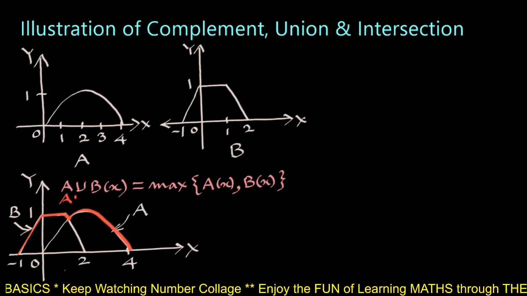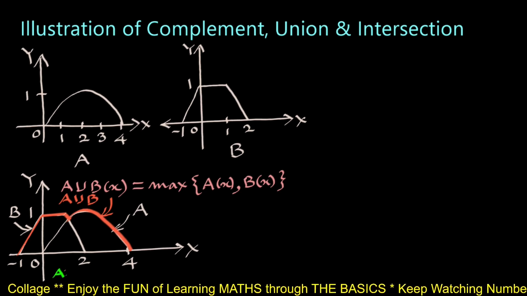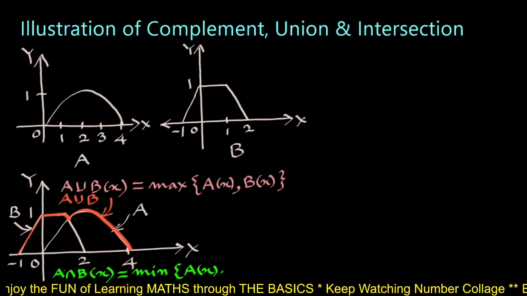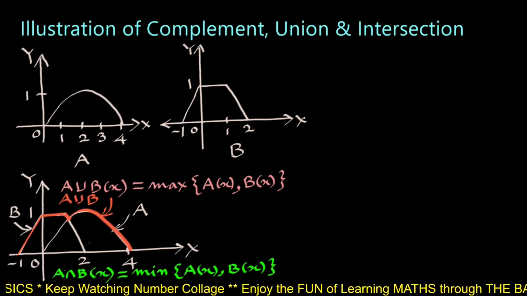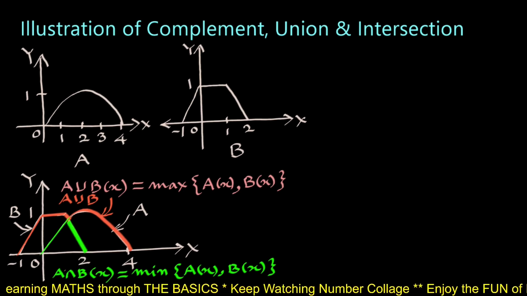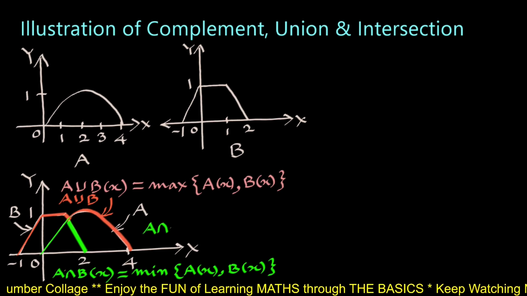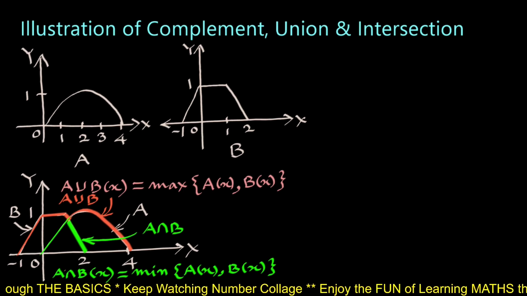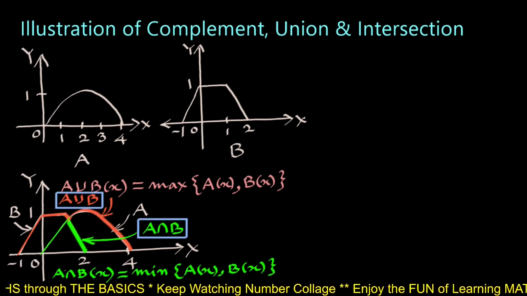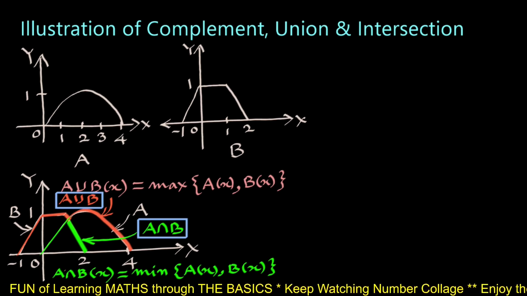So this is A union B marked in red, and as we know, A intersection B of X is the minimum of A of X and B of X, which can be represented by the lower part of this superimposition, this one marked by green. So this green part is A intersection B. So this is how we can illustrate A union B and A intersection B, that is, union and intersection of two fuzzy sets A and B.